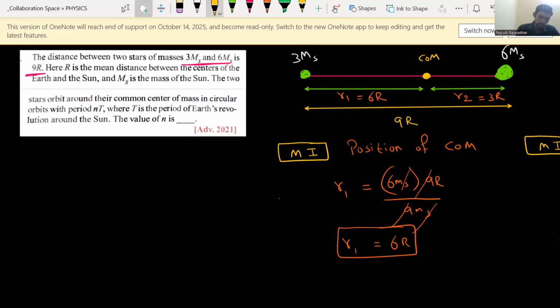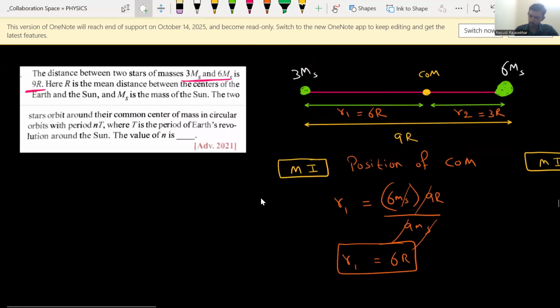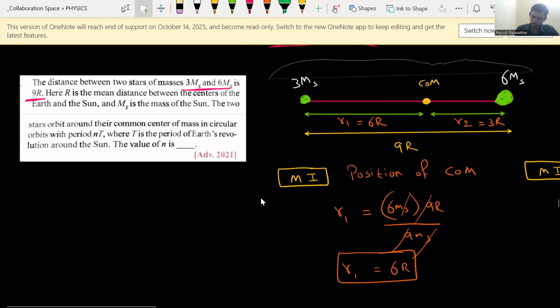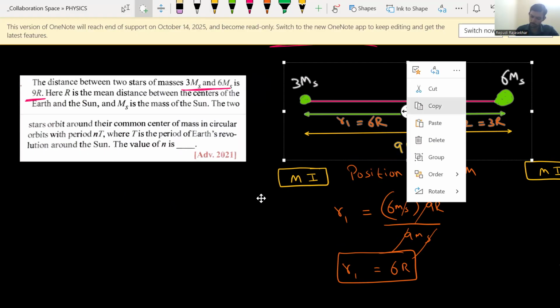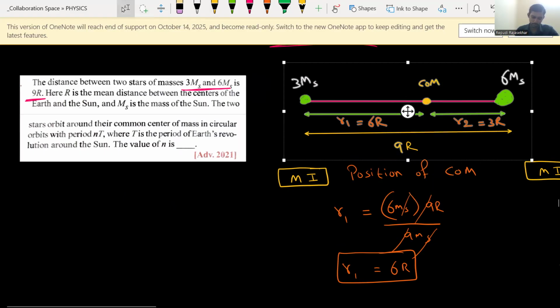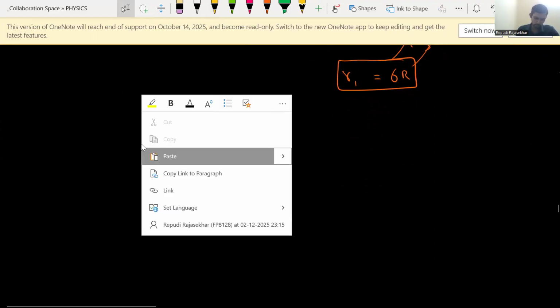I just redraw this diagram, same diagram, I just copy it. We'll take the required part only. Okay, this entire part I will copy and I will paste here.